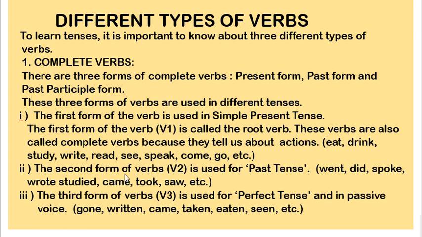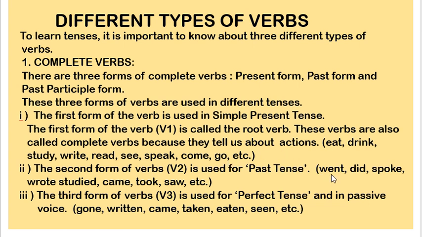The second form of verbs, which we can remember as V2. V2 form of the verb is used for past tense. Whenever we are using past tense, we should know which are the forms that we use as V2 form. So we need to understand that in present tense, the root verb, if it is go, then it will be changed into went.